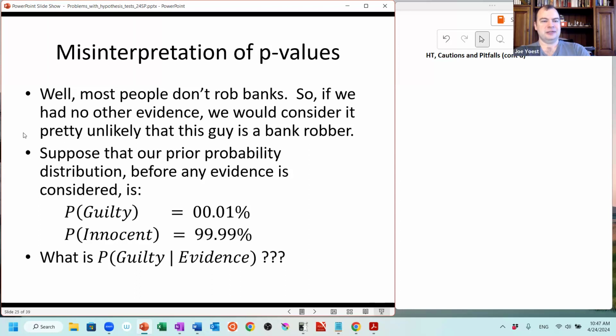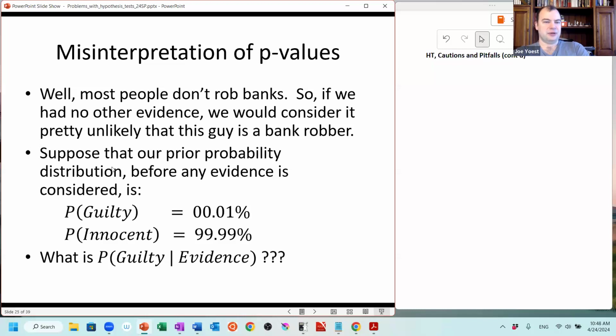Well, one problem is that we've completely left out the prior information. Most people don't rob banks. If we had no other evidence to go on, we consider it extremely unlikely that this person is a bank robber. If you point to a random person on the street and say, do you think that guy's a bank robber? I'd say, no, almost certainly not.